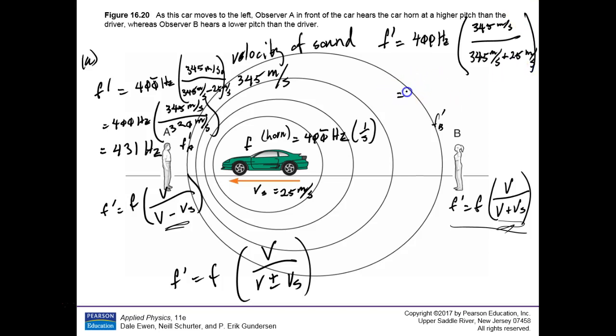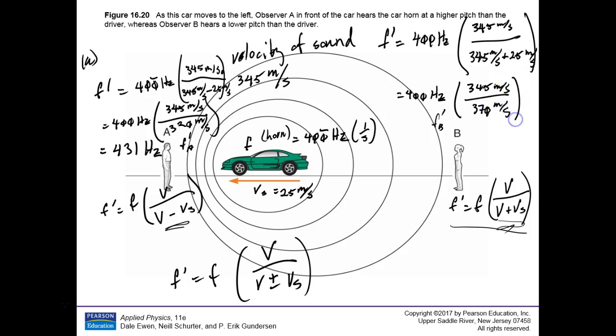And that would be 400 hertz times 345 meters per second over, what? 345 plus 25. 370 meters per second.